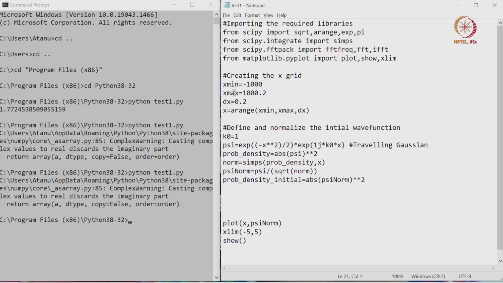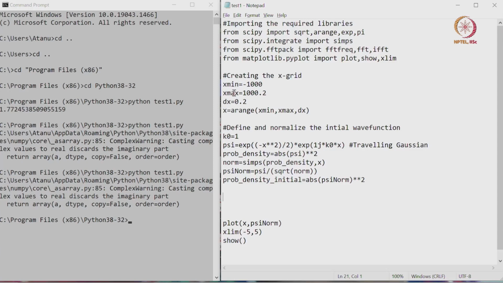Now we'll go to the important step, the iteration, how we are going to start the iteration. But before we start the iteration, time propagation, we have to create the k space first, because we need to change to k space to carry out the kinetic energy part of the split operator component.